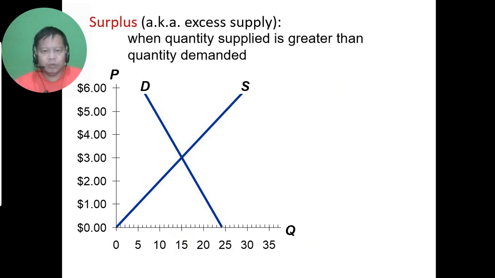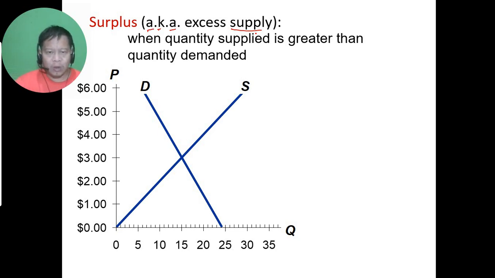Okay, surplus, also known as excess supply. So, there is a surplus when the supply is more than the demand. So, surplus, no?